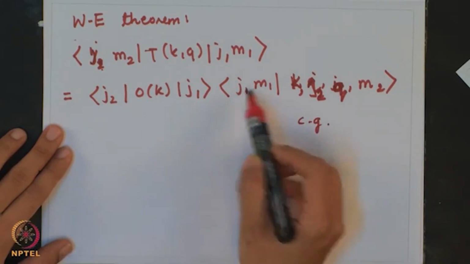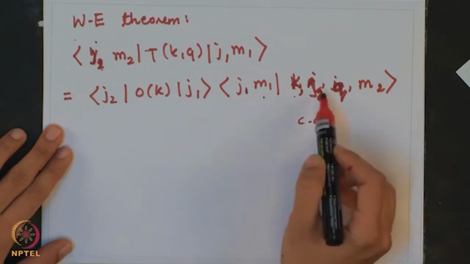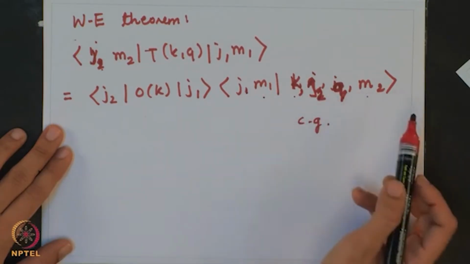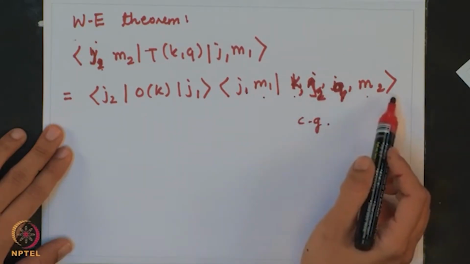So this will be <j1 m1; k q|j2 m2>. This is the way it is written down.